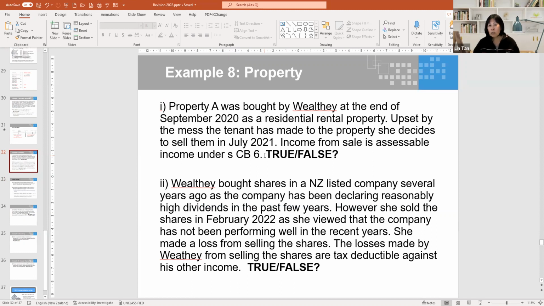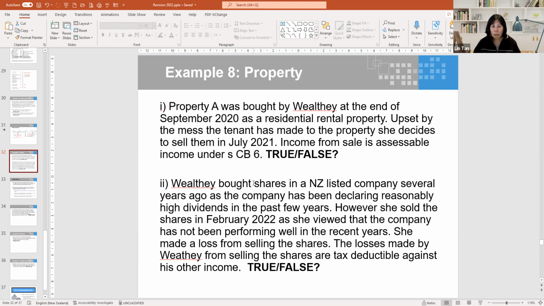You don't have to think in terms of the bright-line test, because that's not the focus of this particular statement. You will need to provide an explanation as to whether you think the property was bought for the purpose of resale or not. If you think that it is bought as an investment property because it's been rented out to tenants, then it will not be taxed under section CB6.